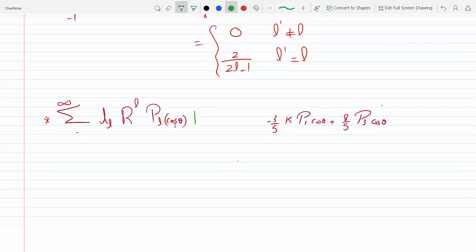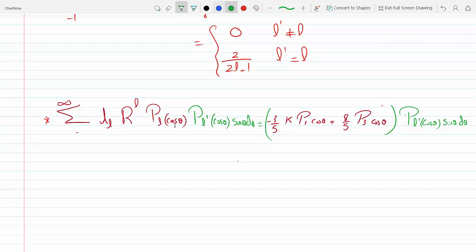So P_L' cosine theta, right? And then I'll do the same thing on this side, and then of course with sine theta d theta. And then I'll do the same exact thing on this side. So P_L' cosine theta sine theta d theta.